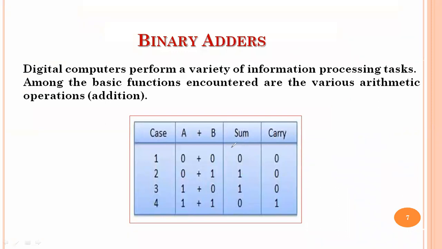So now see, if we analyze this part, sum, which gate is being implemented over here now? Do you remember that 0 and 0 is 0, 0 and 1 is 1, 1 and 0 is 1, and 1 plus 1 is 0. So that means the XOR gate is being implemented over here.